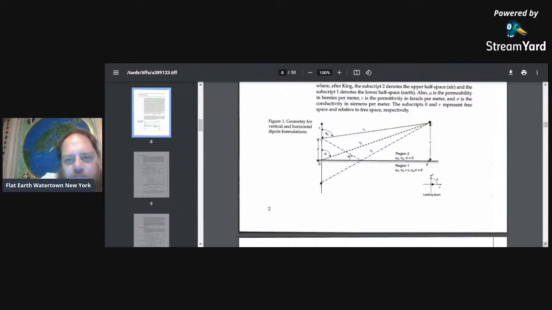So this shows it right here. If we were on a spinning Earth, this horizontal line would be a curved line. You have to understand that.